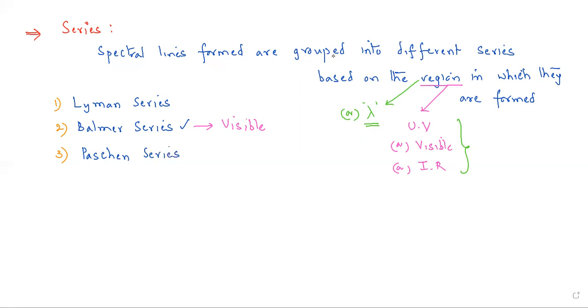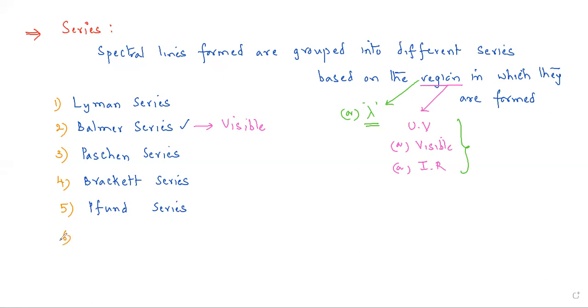Then the fourth one is Brackett. Then the fifth one is the Pfund series. Pfund, the P is silent.